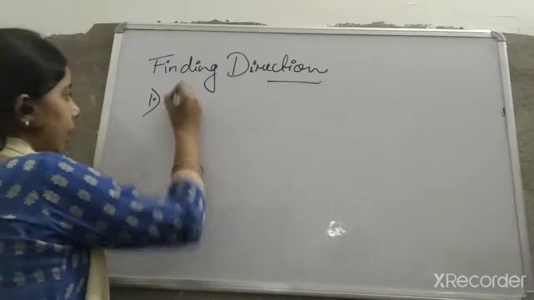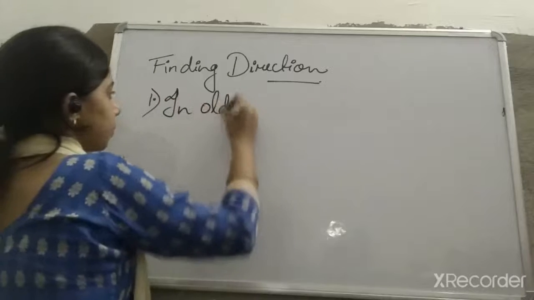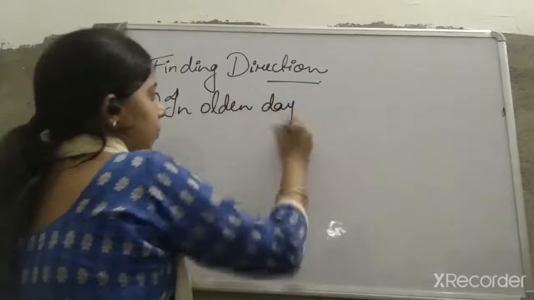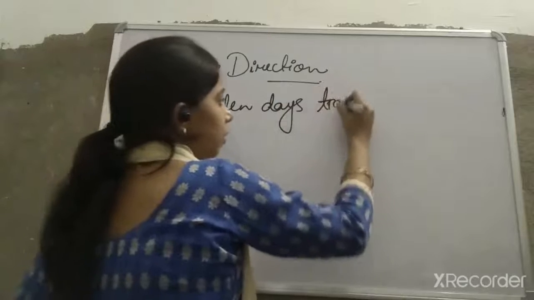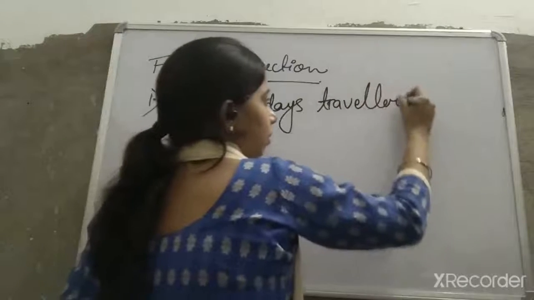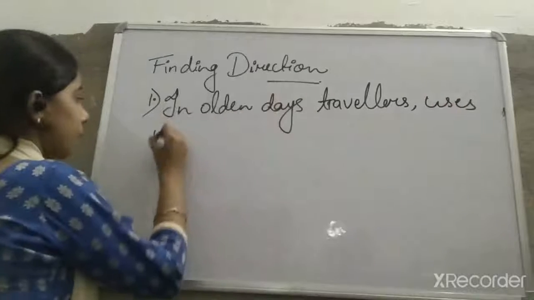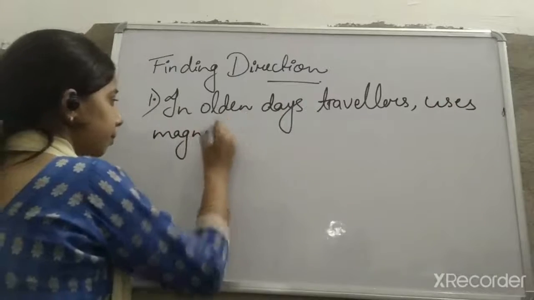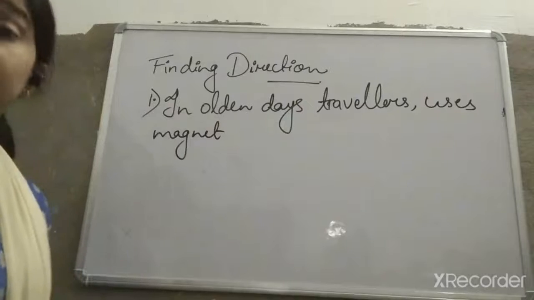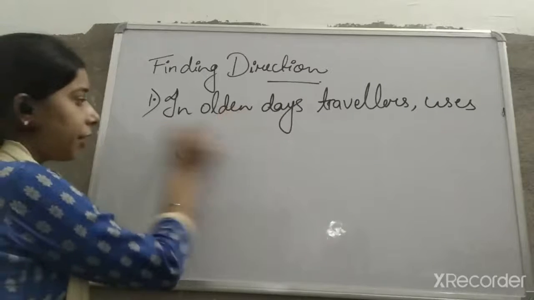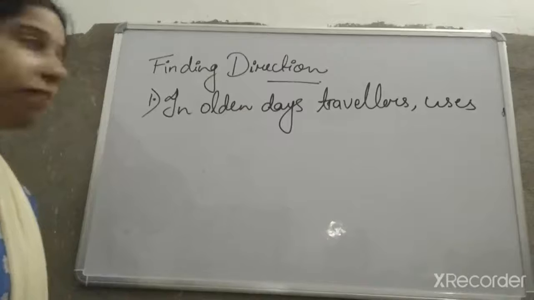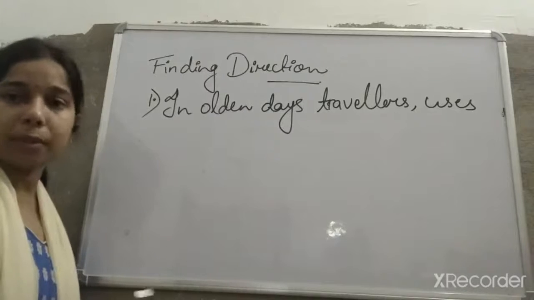So in the olden days, travelers used magnet. At that time they used the natural magnet because artificial magnets were not invented, or artificial magnets were not able to be prepared.